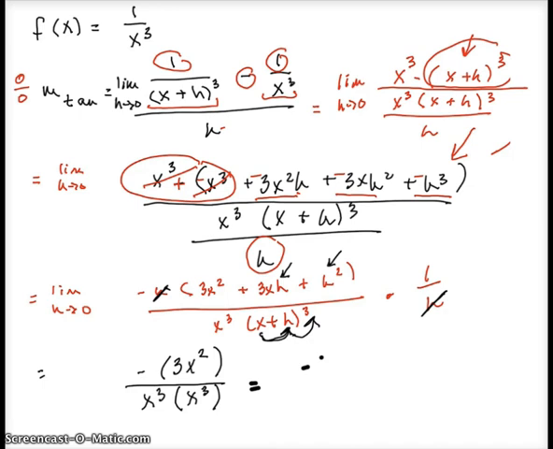So I have negative 3x squared divided by x to the third times x to the third, which is x to the sixth. And then I see I can reduce this to -3 divided by x to the fourth, which is my derivative.